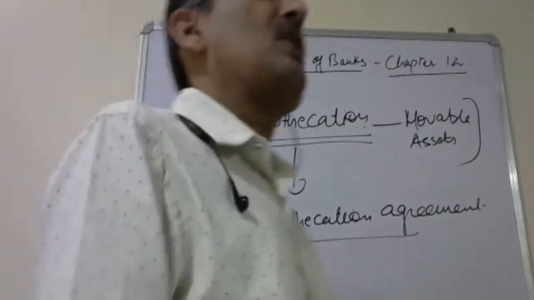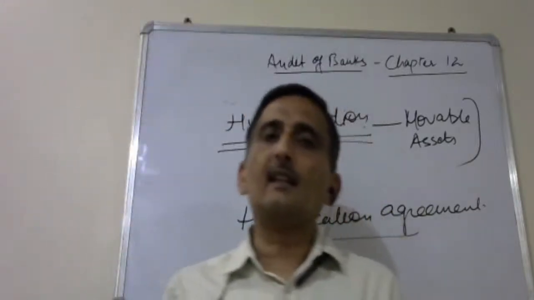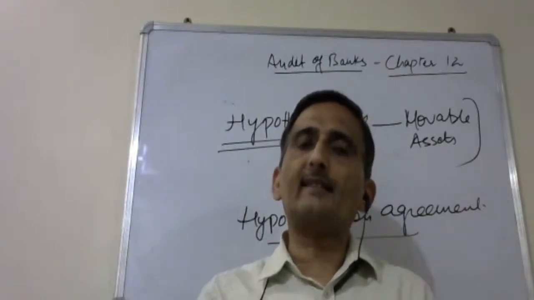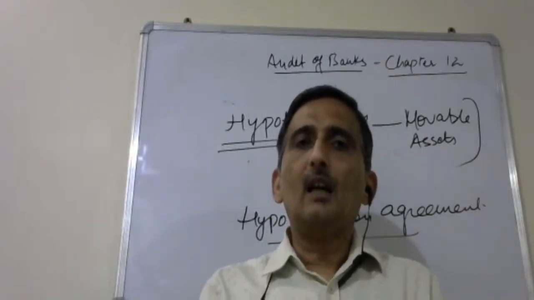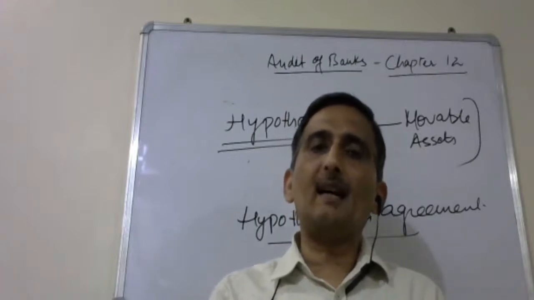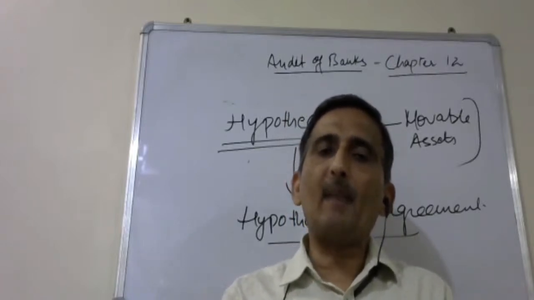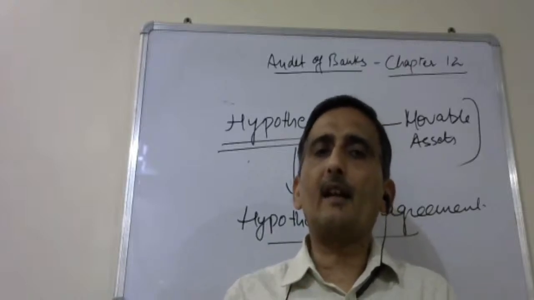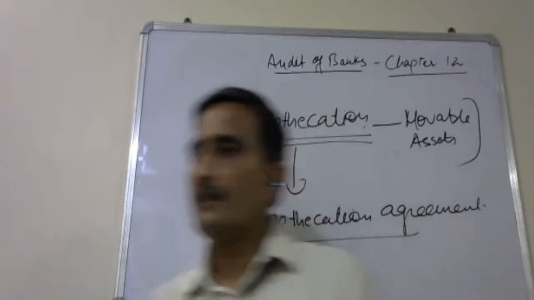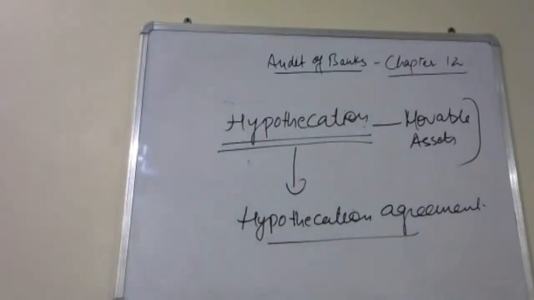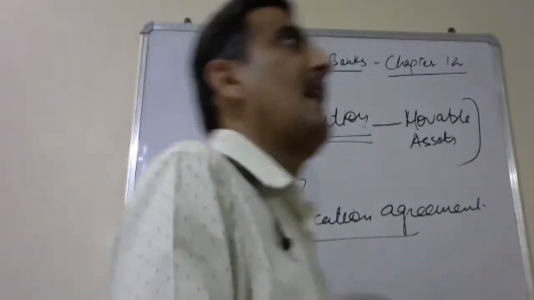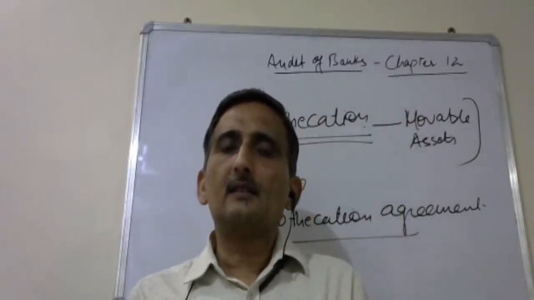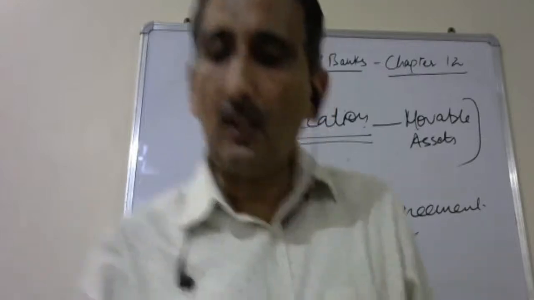The basic intention is to create a charge, so that a legal charge is created on those assets, and in case of default by the borrower, the bank is legally able to recover its money. Okay, guys, is that fine? You have understood all these terms? Please let me know.